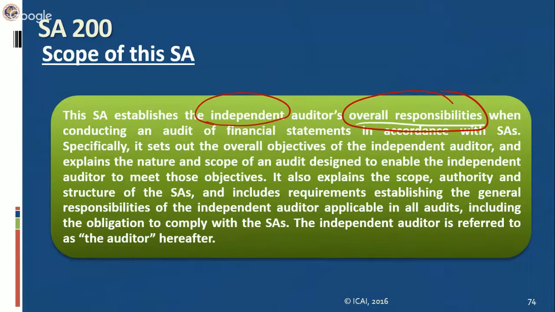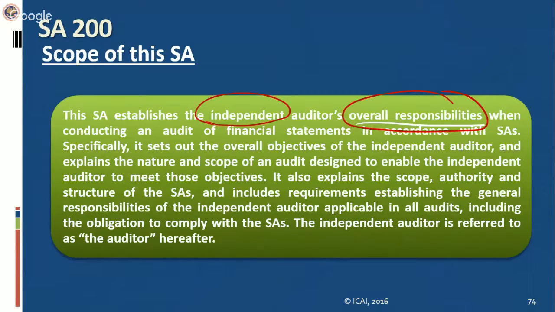Independence is a state of mind also. If I have decided to be an independent auditor, I have to act as independent and appear as independent.